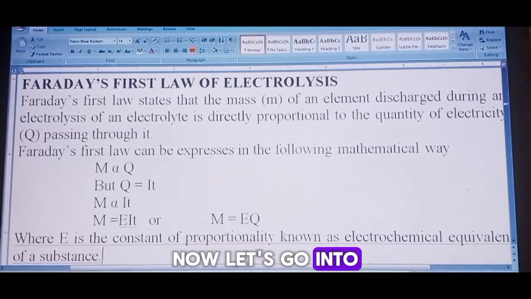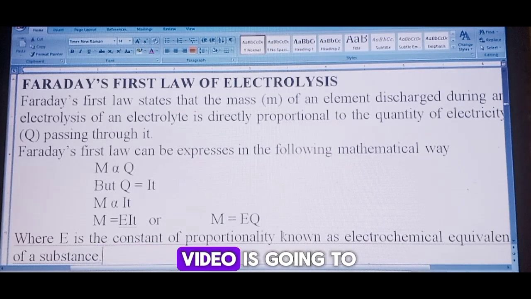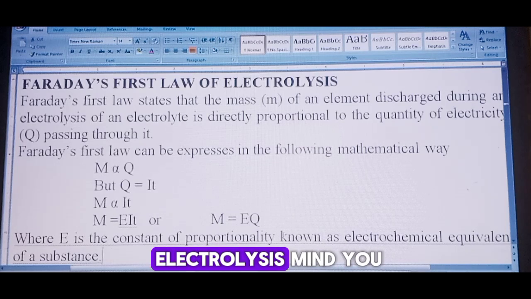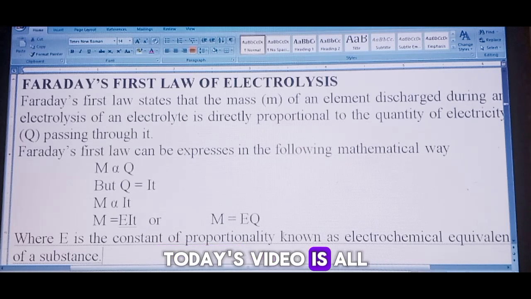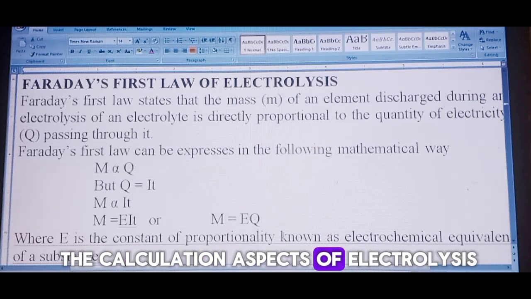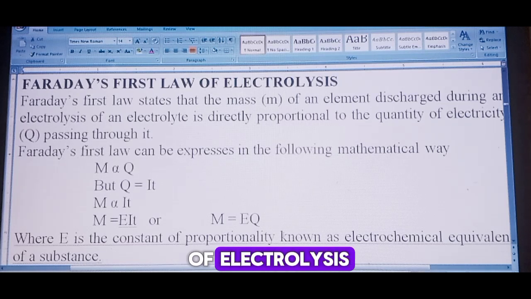Now let's go into Faraday's first law of electrolysis, which is where our video is going to end today. Mind you, today's video is all about the theory aspect of electrolysis. In our next video, which will be part 2 of this topic, I will be doing the calculation aspect of electrolysis.